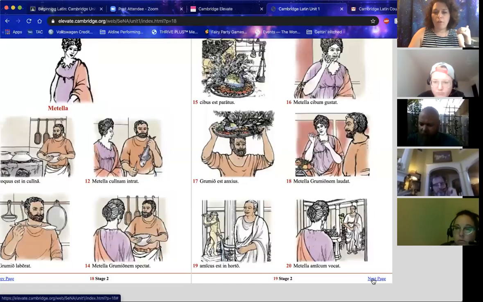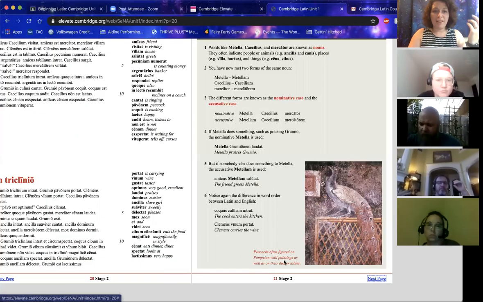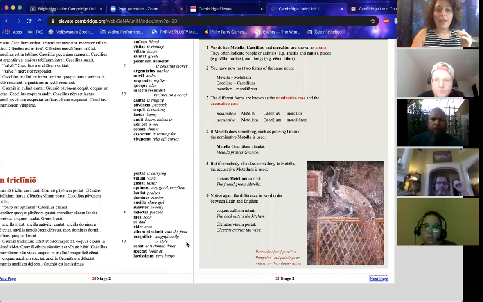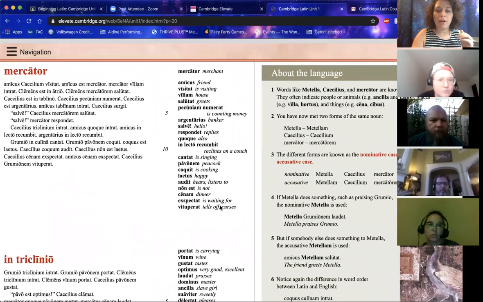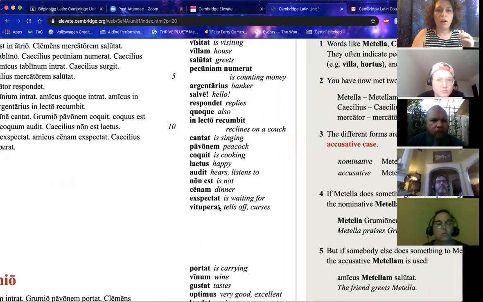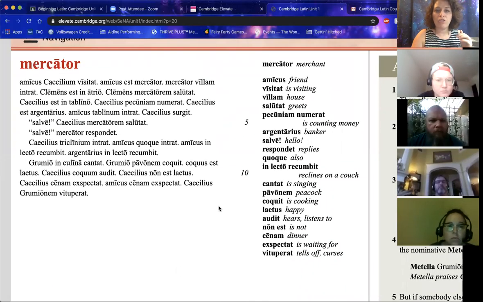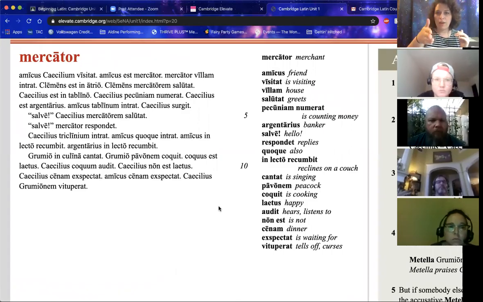So let's then move over, and we're going to read. We still have about 10 minutes, which means we're moving well. We're going to get through the first story here, which is Mercator. So before I read this to you, I'd like you to just scan the vocabulary on the side so that you're ready for it before we read the story.